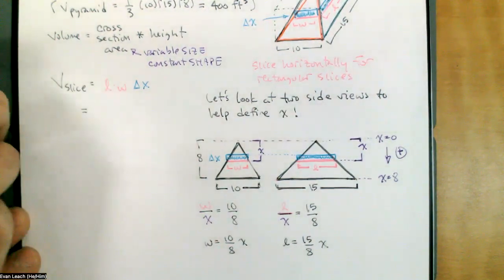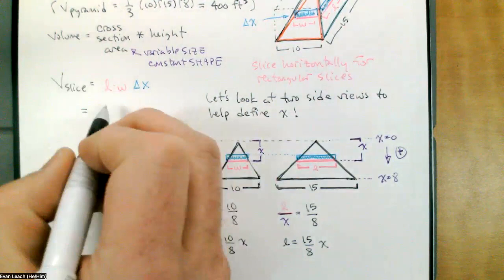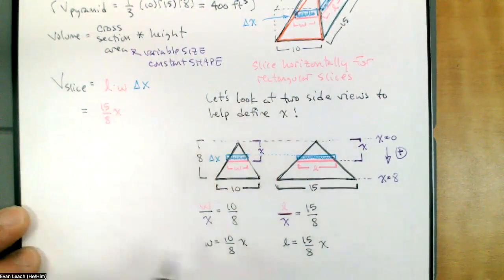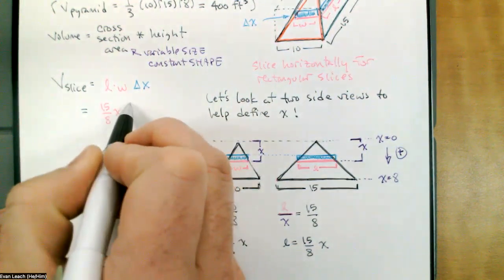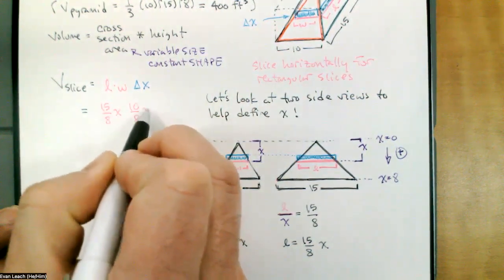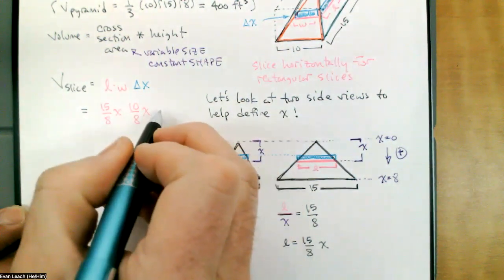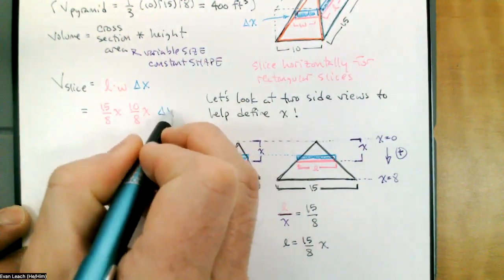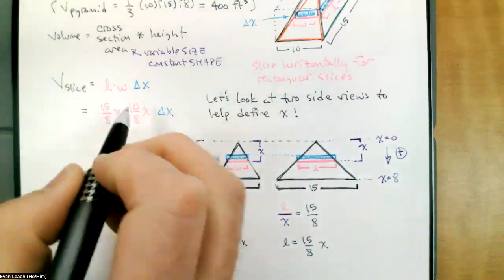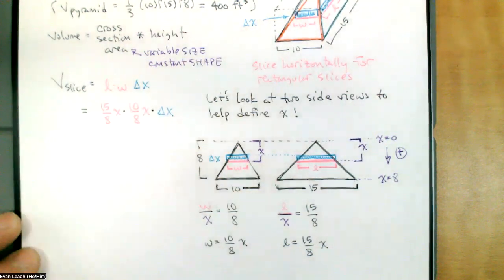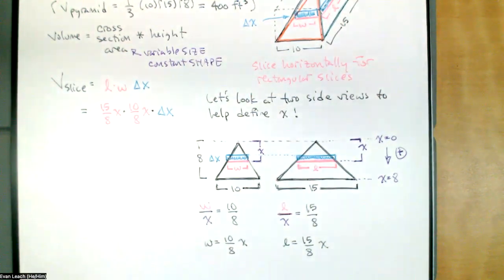So the volume of the slice is going to be 15 over 8 times x times 10 over 8 x times delta x. Length times width times height. That's the volume of that little rectangular solid slice.